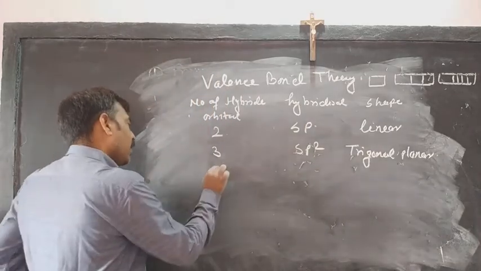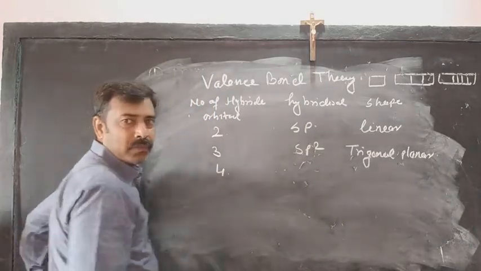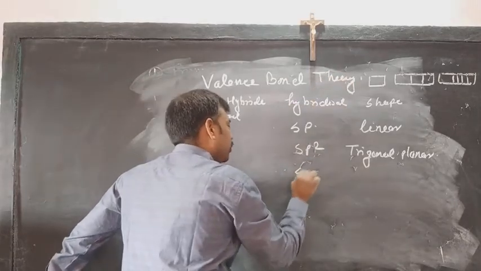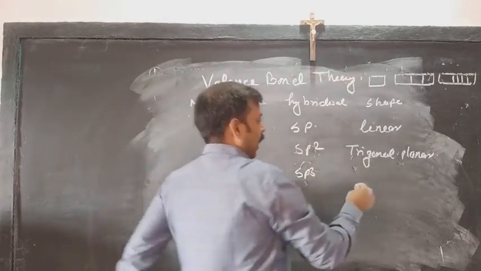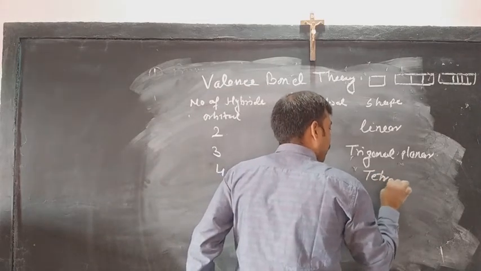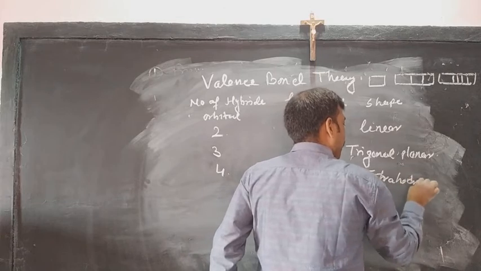When the number of hybrid orbitals is 4, the hybridization will be 1s and 3p, that is sp3, and the shape of the molecule will be tetrahedral.